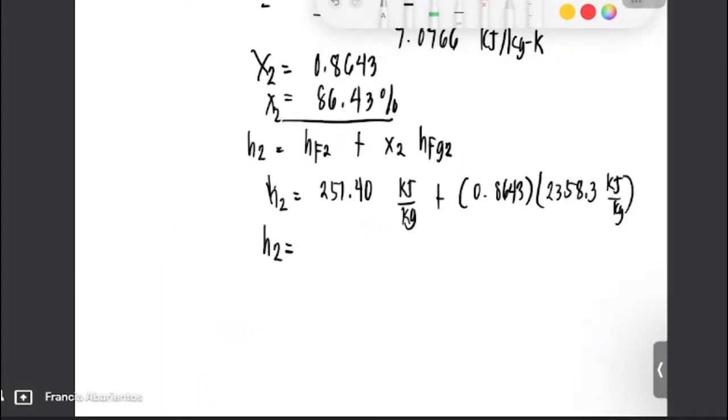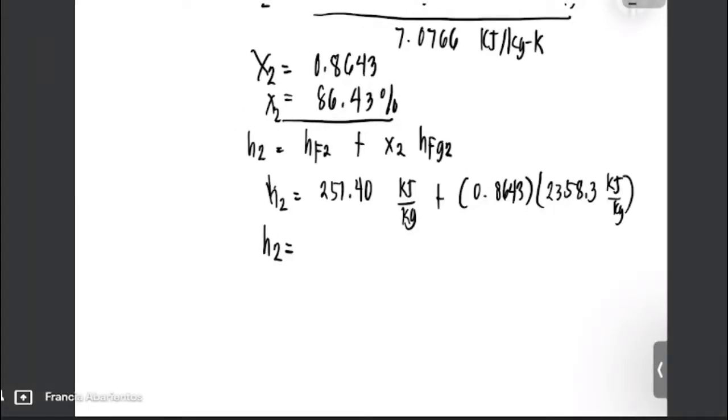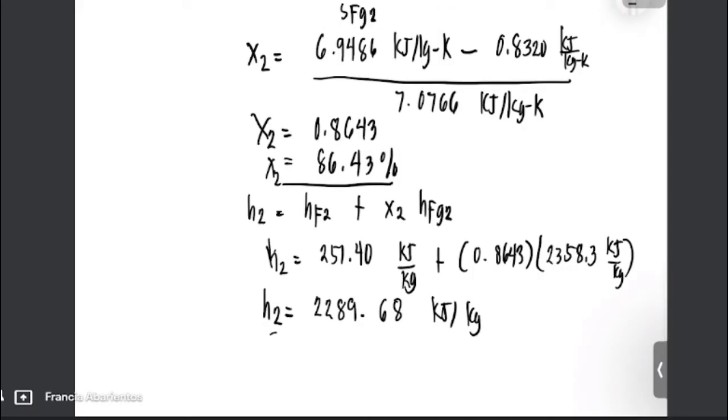Enthalpy at point 2. What is now your answer, class? 2289.68 kilojoule per kilogram. Okay. Considering that, we have now the enthalpy at point 2.